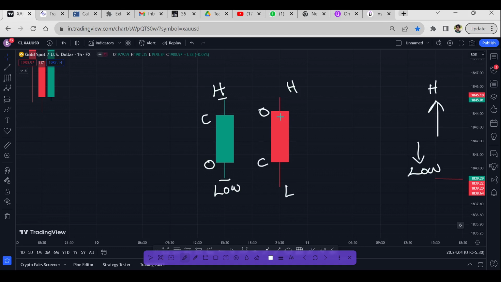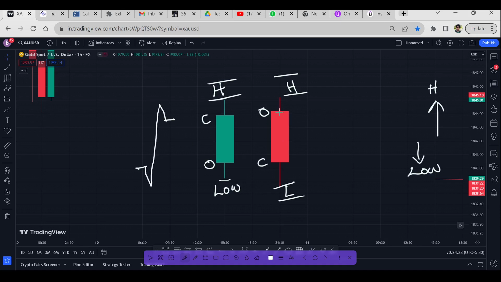So in both bearish and bullish candles, if price moves high it will set a high price, low means a low price, but the opening and closing matter. In this bullish candle, the candle opened at this point, went low like this, and went high like this, but closed like this.